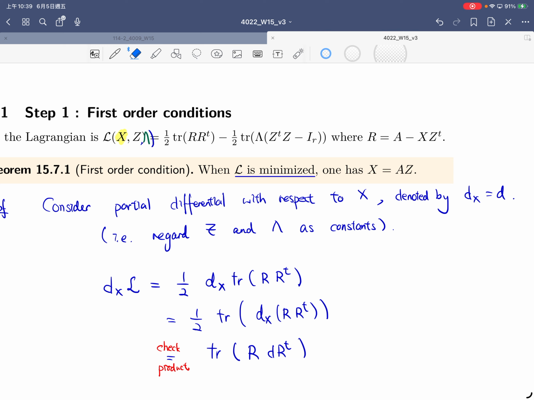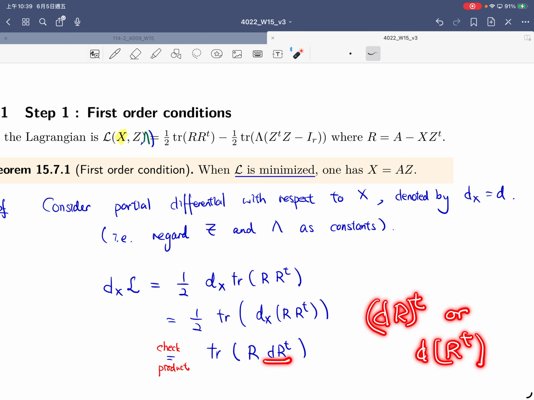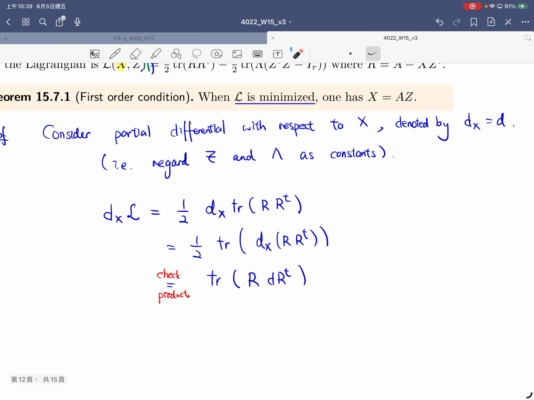And last time I explained, does it mean d of R transpose or dR transpose? The answer is it does not matter because they are the same. And last but not least, what is R?